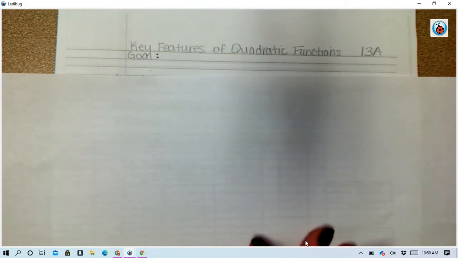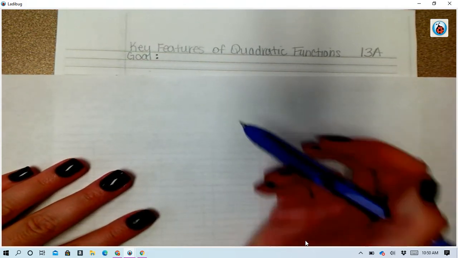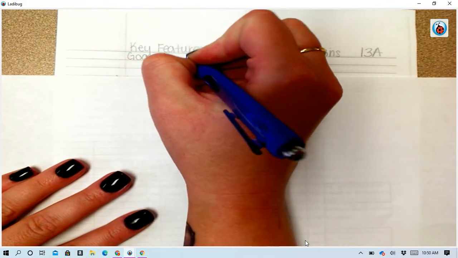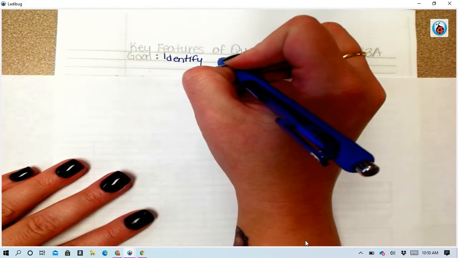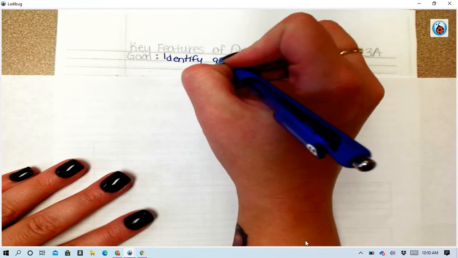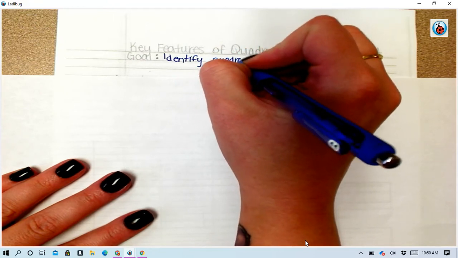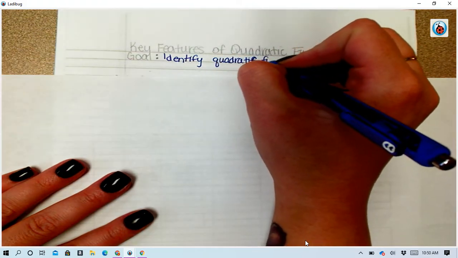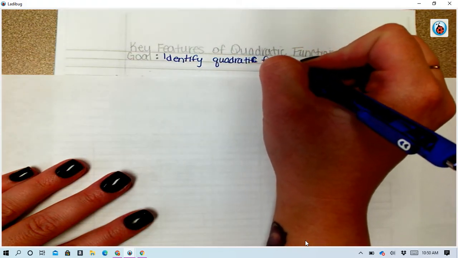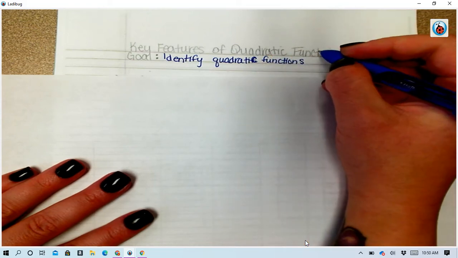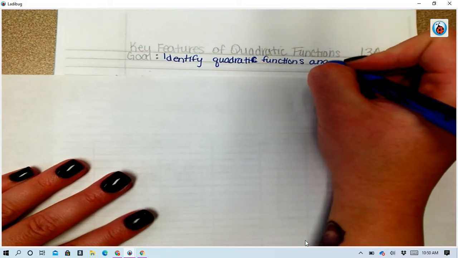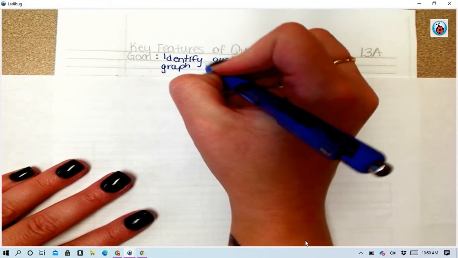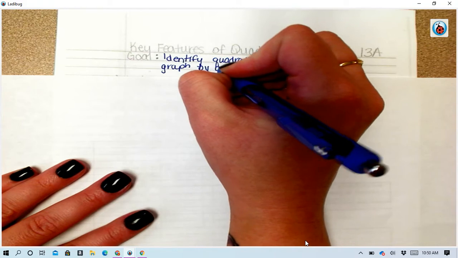So the goal of today is to be able to identify quadratic functions, and graph by using roots and end behavior.